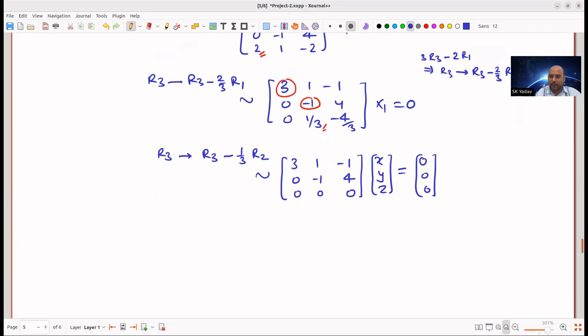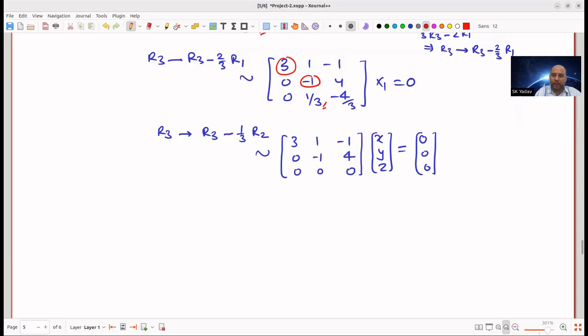Now you can easily find out which one is the free variable here. The first place has a leading element, the second position also has a leading element, the third has no leading element, and this implies the free variable here is z. So let z equal to k.